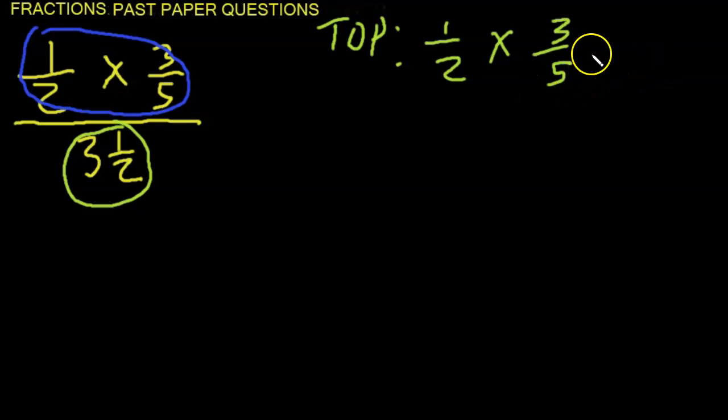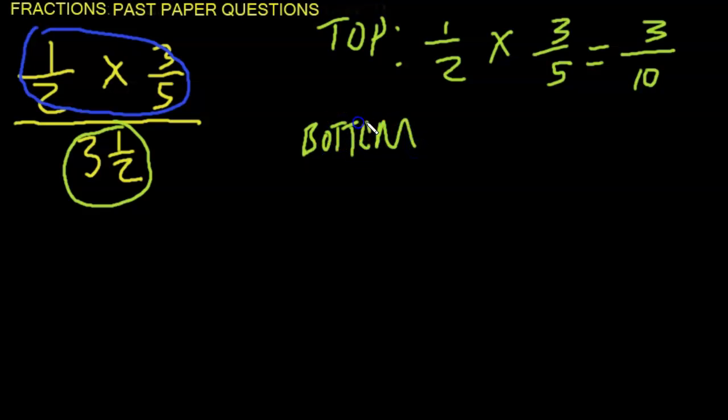And as we know, whenever you're multiplying two fractions, numerator times numerator, so 1 times 3, over denominator times denominator, so 2 times 5, 10. And at the bottom here, we have 3.5, and we convert that: 2 times 3 is 6, and 1, so 7 over 2.